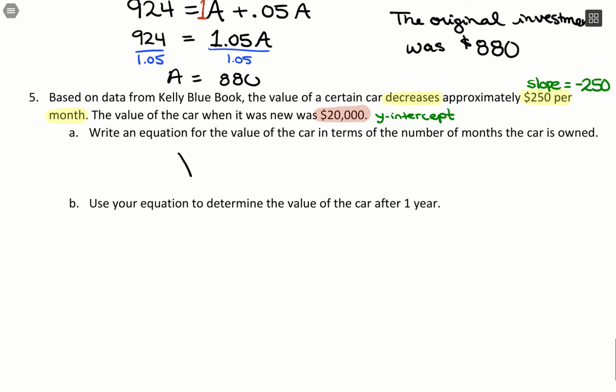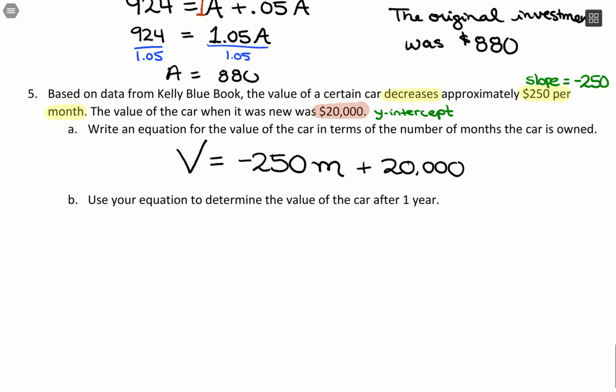So in terms of an equation, to have the value of the car, we'll have this slope of negative 250 per month, and then with a y-intercept of 20,000. Again, if you're not sure about your equation, think about making a little table or even just plugging into the calculator. Like, what would happen if you plugged in 0, 1, 2? Is it operating how it matches the wording of the description?